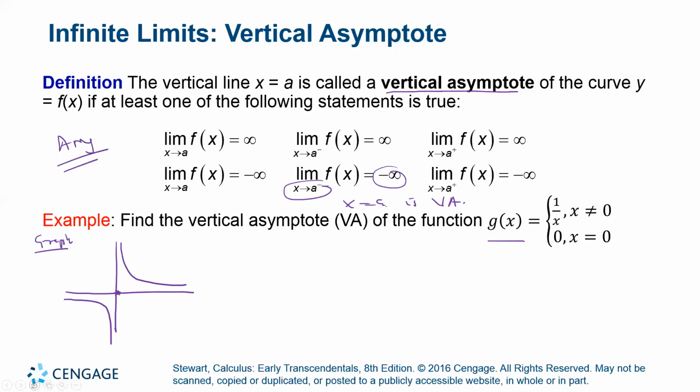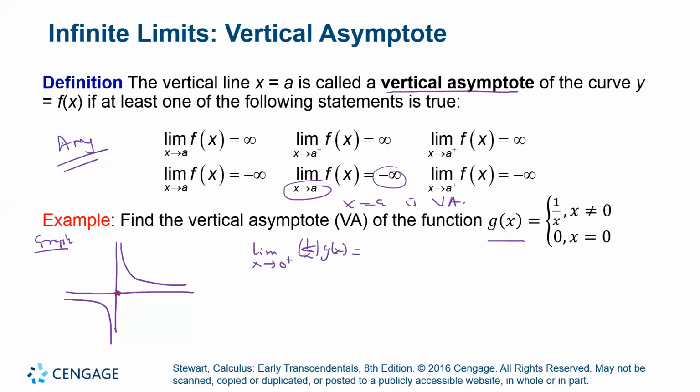Let me change the color. Maybe that will help you see. Okay, so what is happening is this. What are the one-sided limits? Let's consider them. What is the limit as x approaches 0 from the right of the function 1 over x, or in other words, g of x in this case?